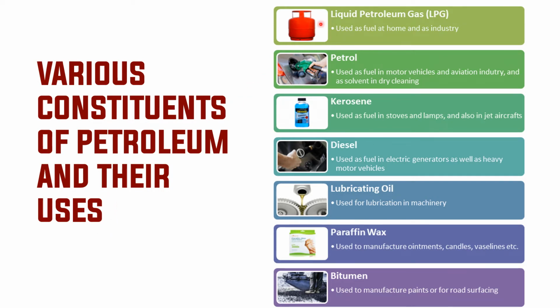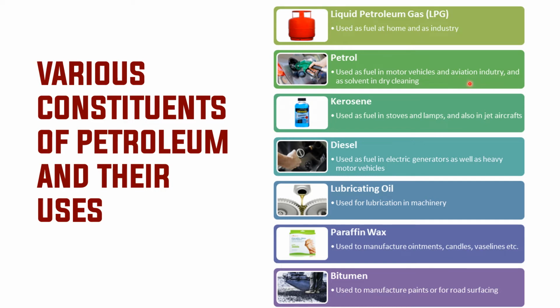The first one is petroleum gas in liquid form, or liquid petroleum gas, that is LPG, used as fuel at home and in industry. Second one, petrol, used as fuel in motor vehicles and the aviation industry.